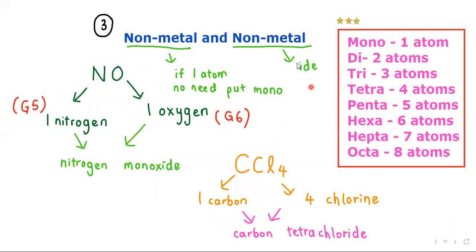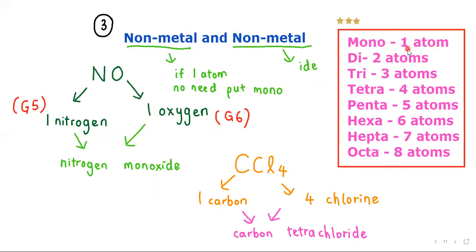Now the third method is when it is non-metals and non-metals together. We are not using IDE or ATE for the first one anymore, but the second non-metal also needs to use IDE. And these are the prefixes you need to use when solving the question, when both elements they give you are non-metals.